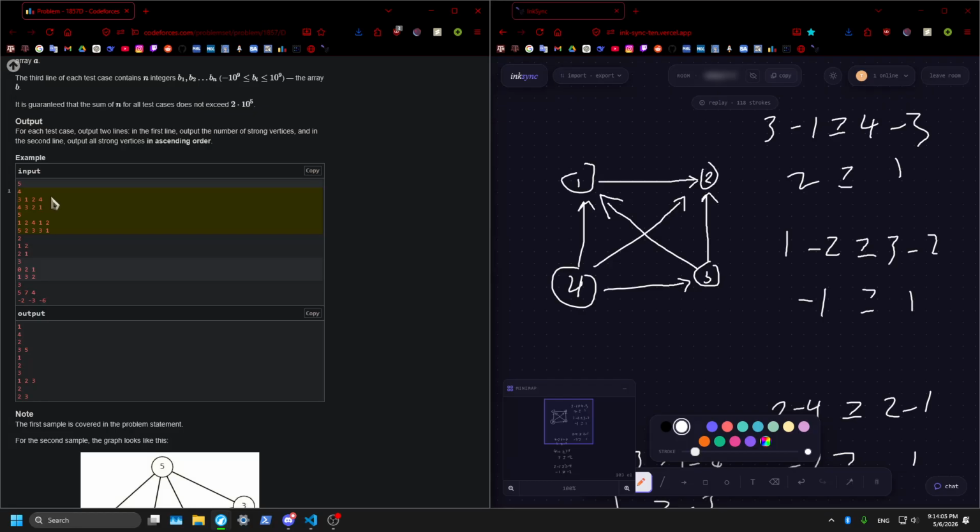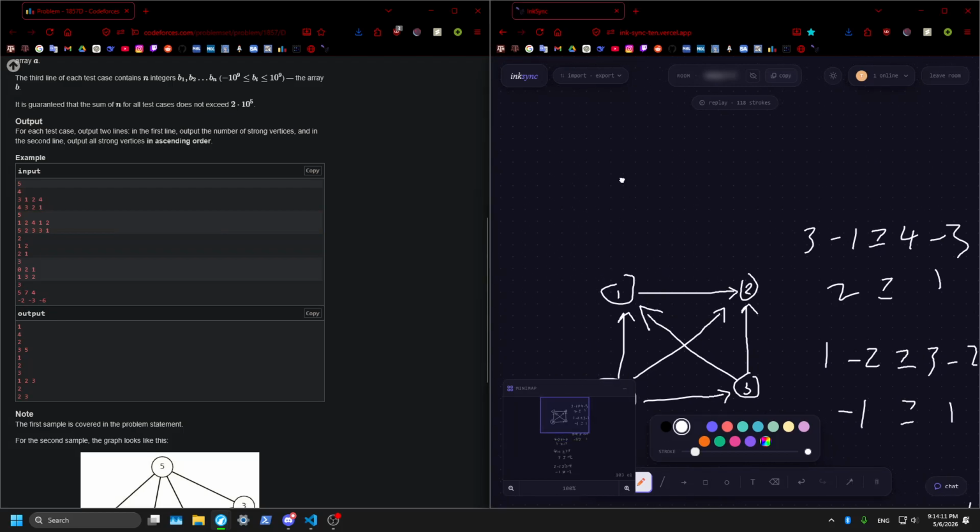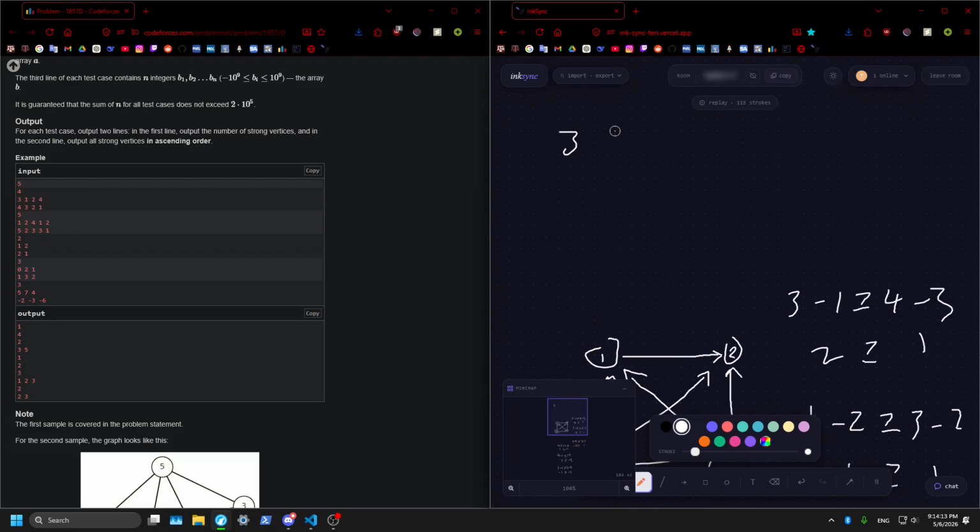It's some sort of difference thing. I think you have to take the difference between the two arrays first, or something like 3, 1, 2, 4 and 4, 3, 2, 1. We're left with negative 1, negative 2, 0, 3.